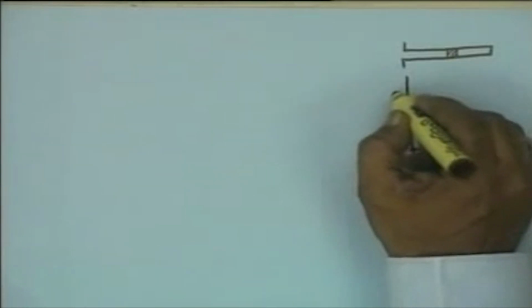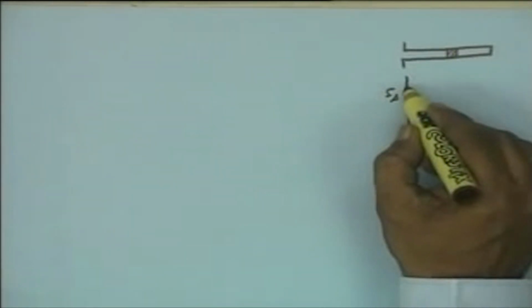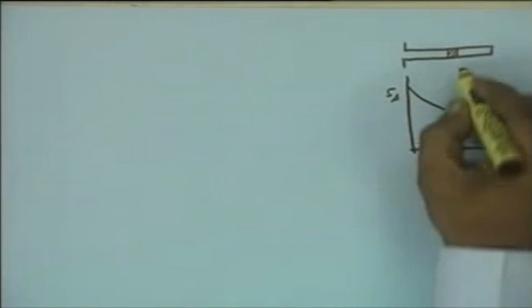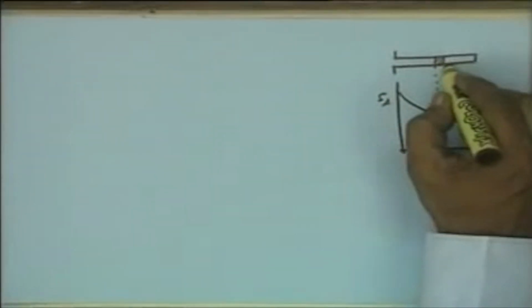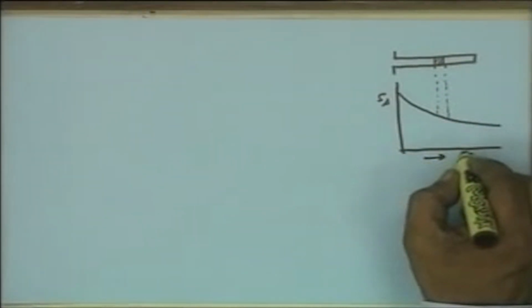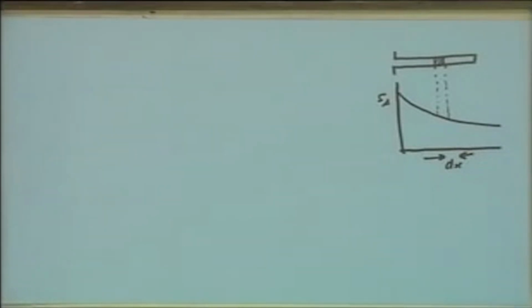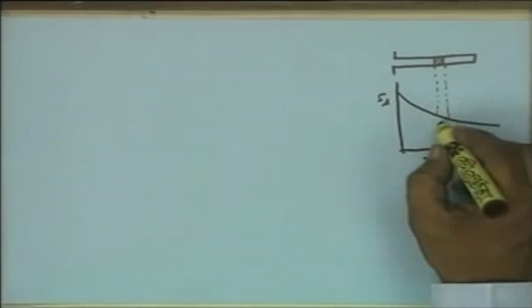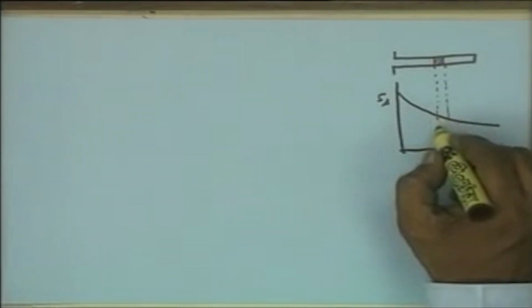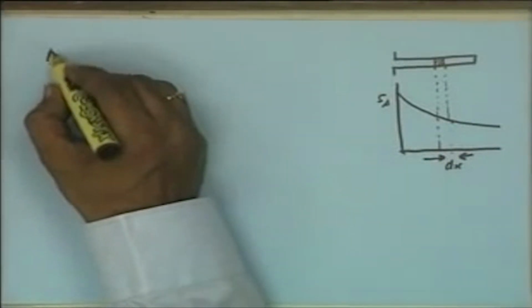Let us say this is your Ss, the substrate concentration at the surface, and this goes down across the pore. Let us say the length of the differential element is dx, and now we make a mass balance across this differential element at steady state.